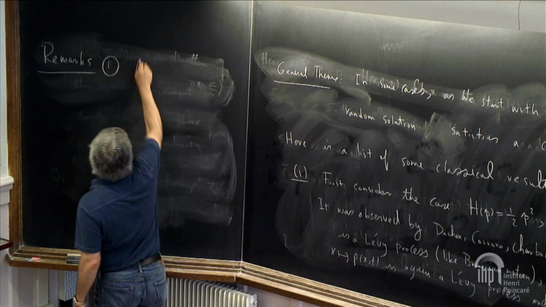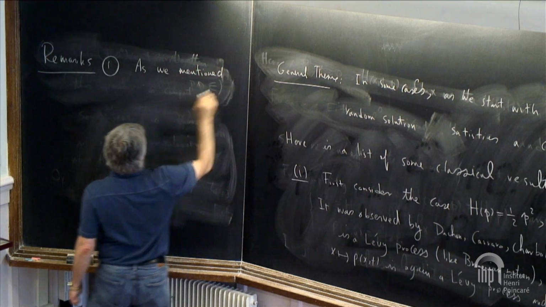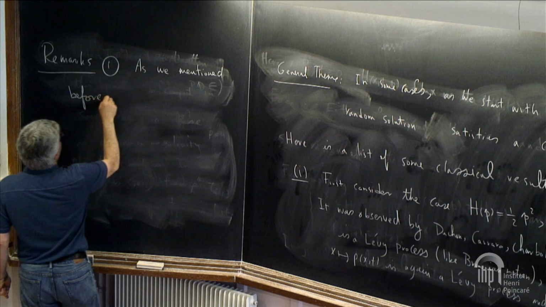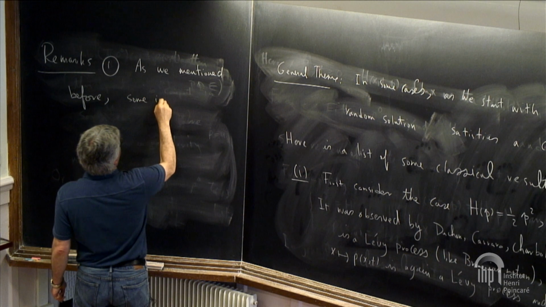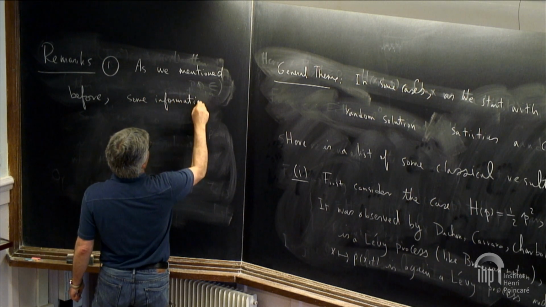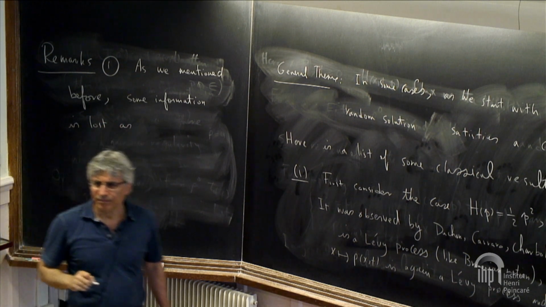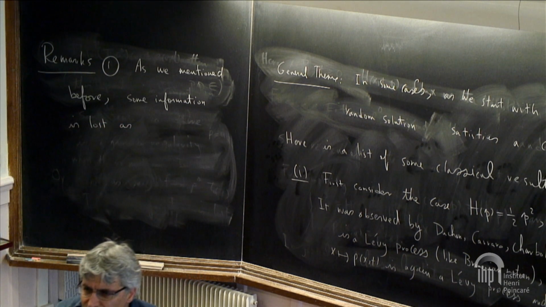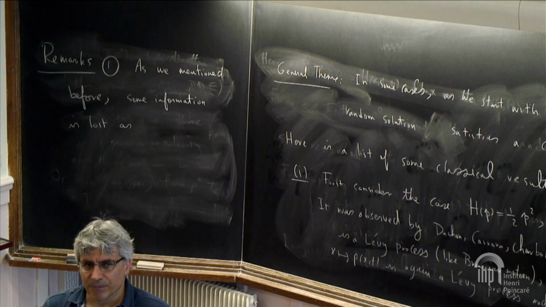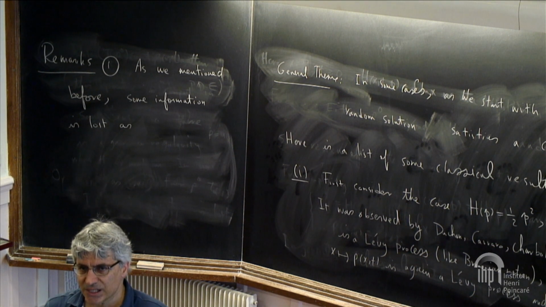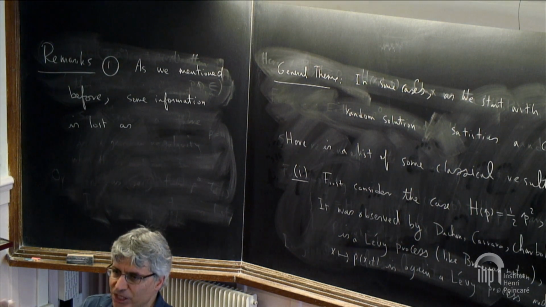So as we mentioned before, some information is lost. Yes? OK, so what I mean is a Levy process is not just stable, meaning that I have a very precise formula for the Levy measure or not.